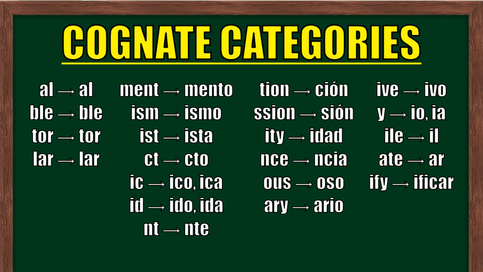So all you have to do is learn the conversion. And then whenever you want to say a word with one of these endings in Spanish, you know how to convert it. So you don't have to look it up or memorize it.